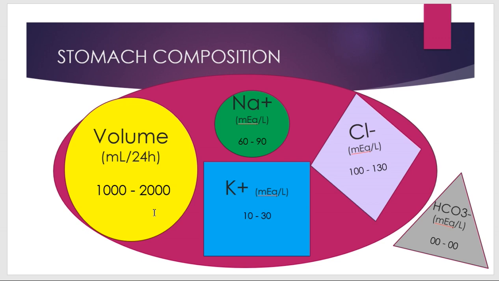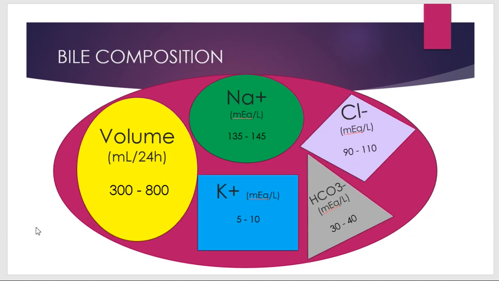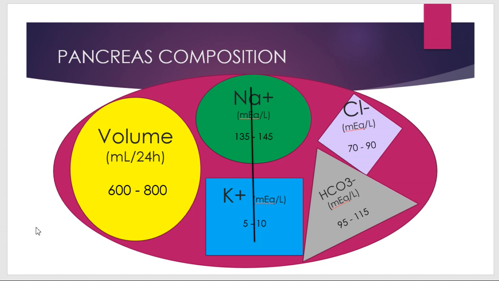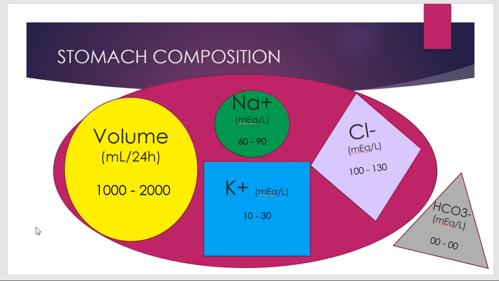Here you can focus on the volume part, again a bigger one as compared to the bile. In the pancreas the volume was slightly increased, and again in the stomach it is increased. So there are 1000 to 2000 milliliters of gastric secretion daily. The average is around 1.5 liters or 1500 ml. Clear?